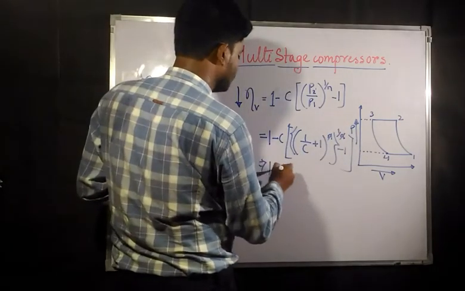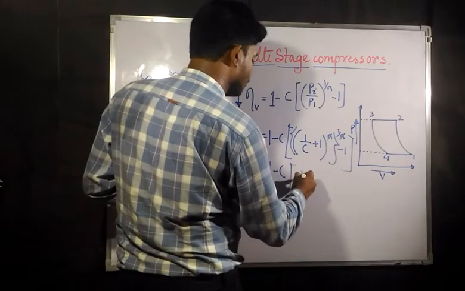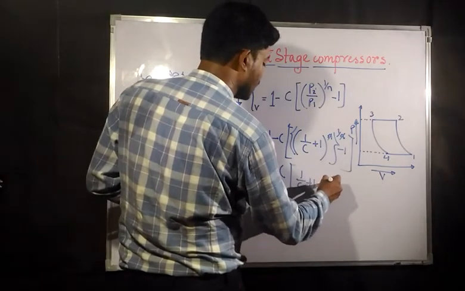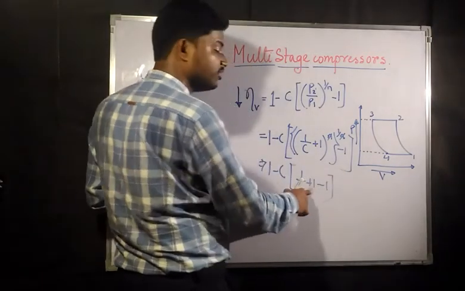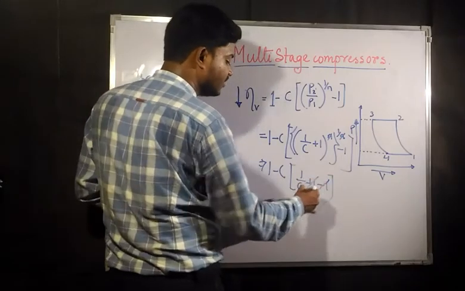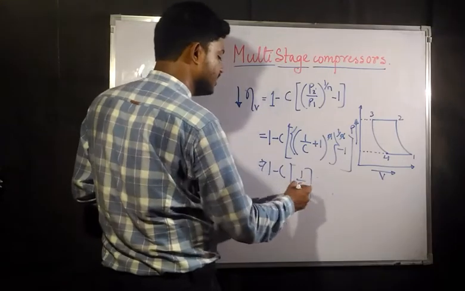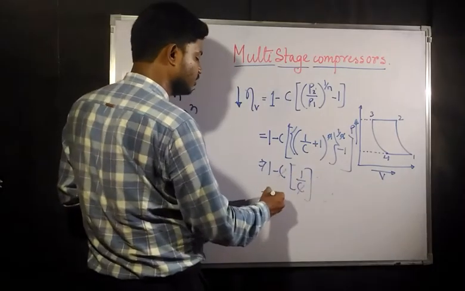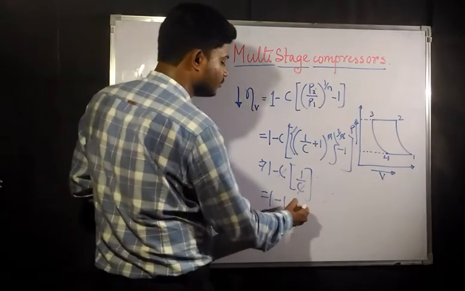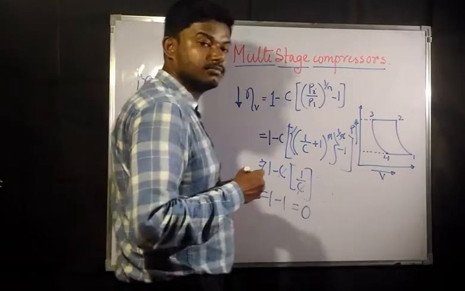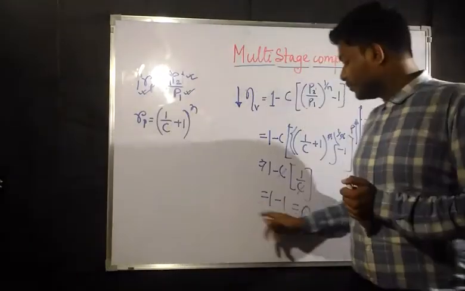So what remains is 1 by C plus 1 minus 1. The plus 1 and minus 1 cancel out, and C into 1 by C also cancels, so 1 minus 1 is going to be 0. That means what?